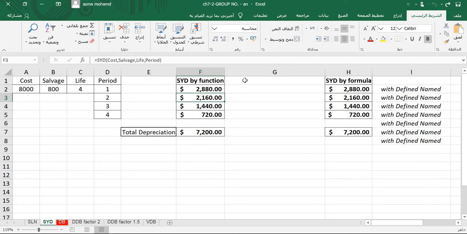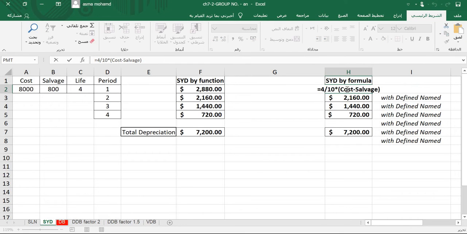Now, if we want to calculate the SYD, or the sum of year digits, using a formula, we can calculate it by 4 divided by 10. What is 4? It's because we are in the 4th year. What is 10?